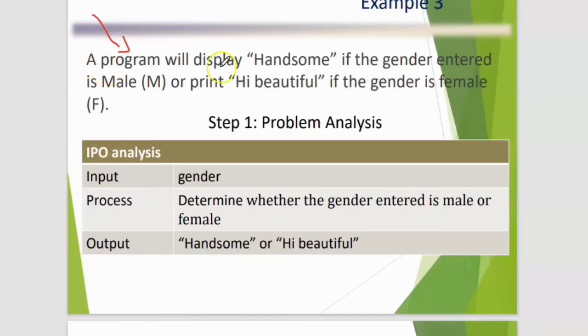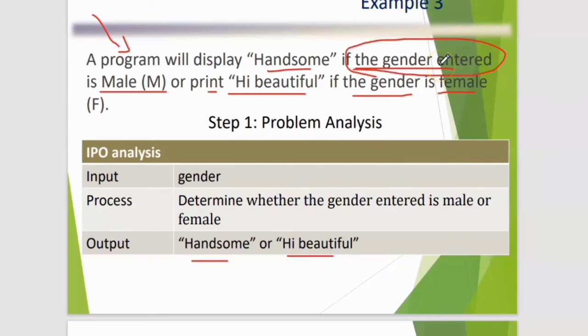Question: a program will display handsome if the gender entered is male or print hi beautiful if the gender is female. As usual, the first step, identify input, process, output. For this problem statement, we have two outputs, handsome or hi beautiful.